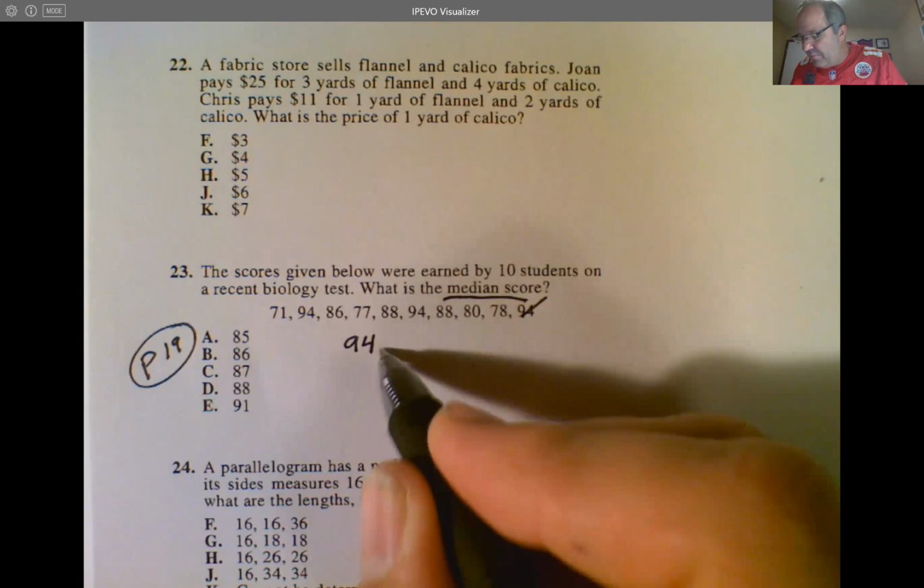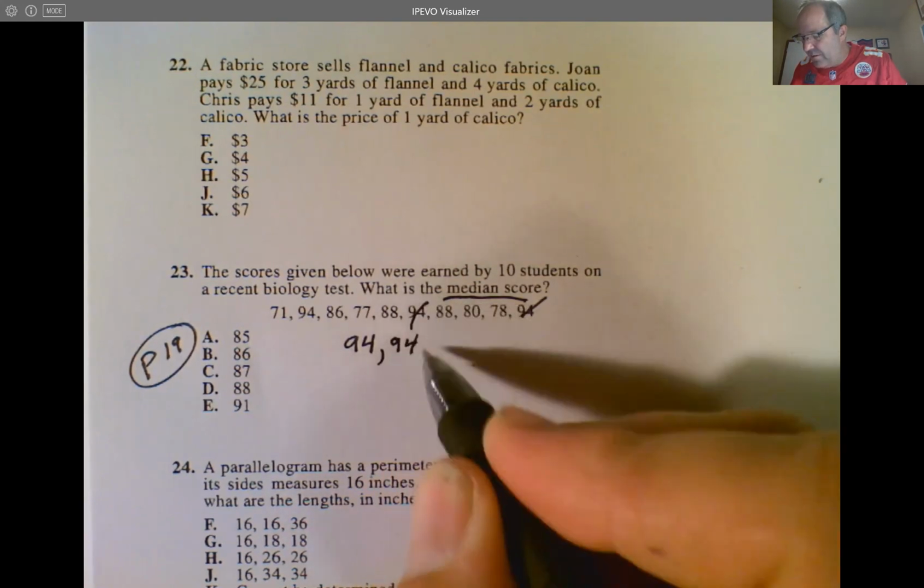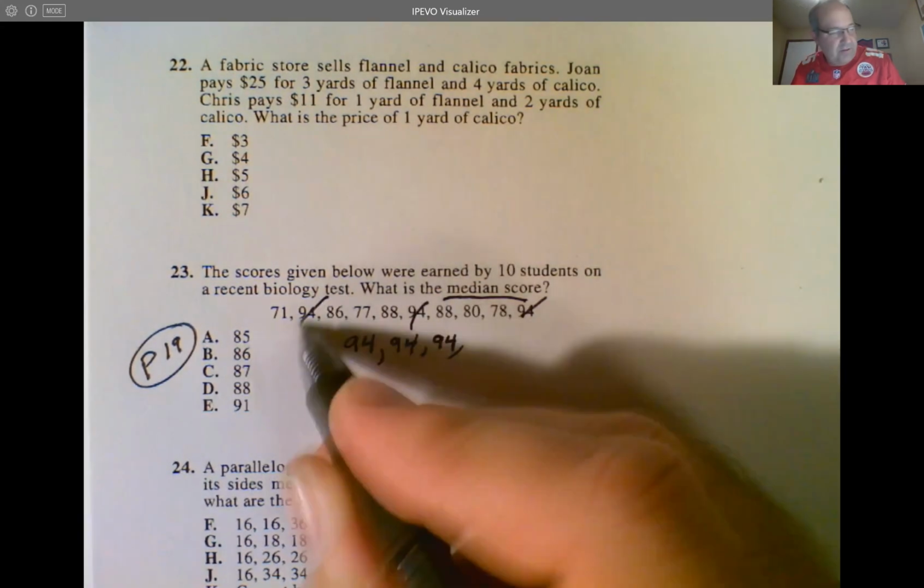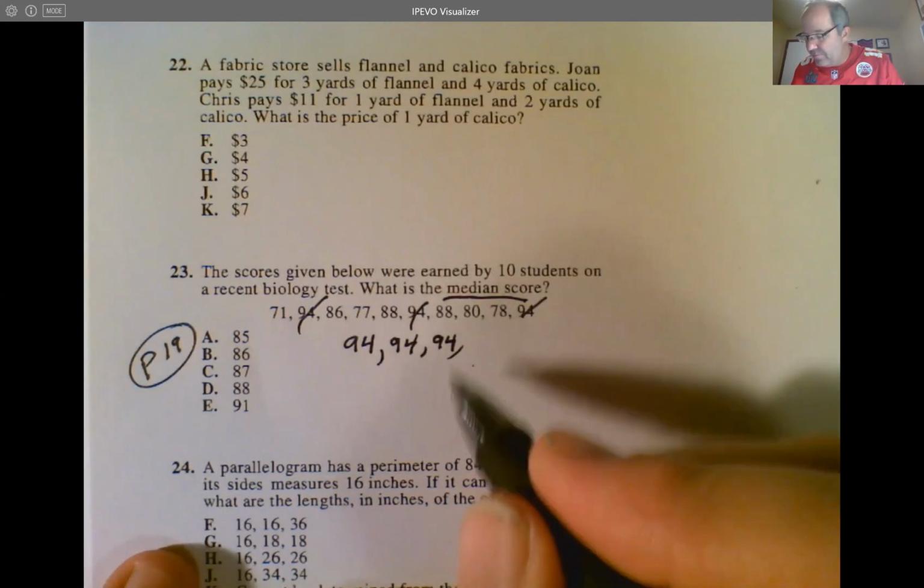So remember, to find the median, you have to list all the numbers in order. I'm just going to mix it up and go from the highest to the smallest. Doesn't matter. You just have to put them in order, right?